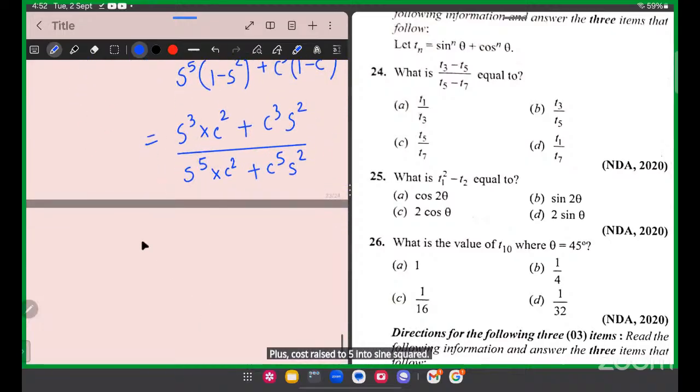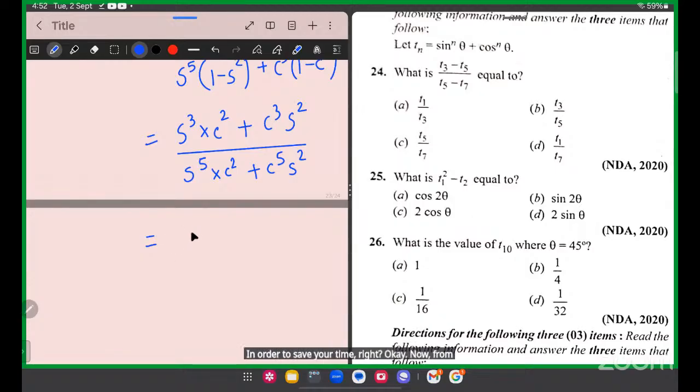Now, see, you don't have to write sine theta cos theta every time because it can take a lot of time, right? So if only sine, cos and tan are there, you can just use S for sine, C for cos and T for tan in order to save your time, right? Okay.